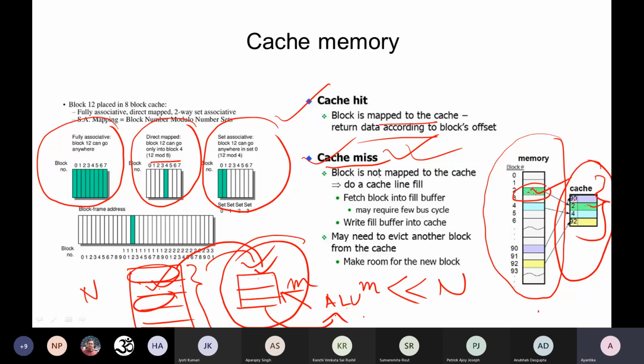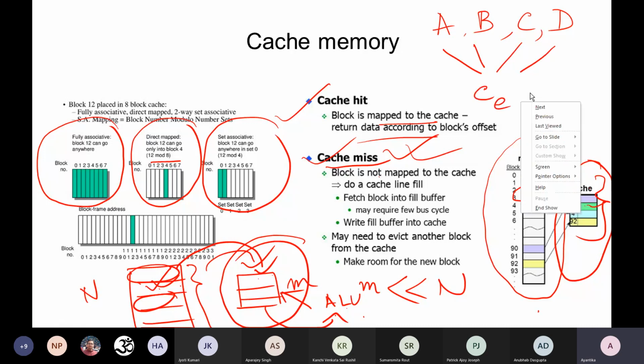when that location is full, maybe you have A, B, C, D. These 4 blocks can all get mapped to a particular block of this cache memory.